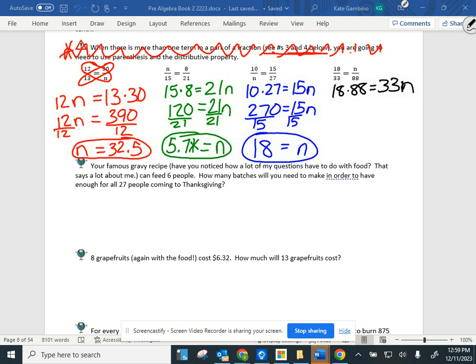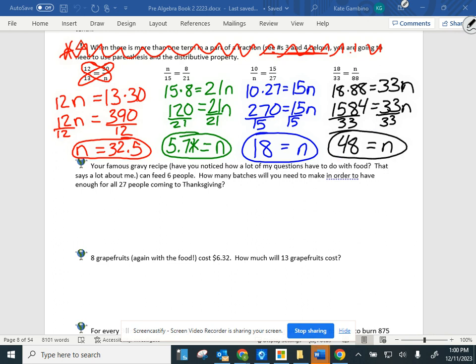Christian: 18 times 88, which is 1,584, and that equals my 33n. What do I do next? I divide by 33. Divide both sides by 33, so I get n by itself. What is 1,584 divided by 33? Ramy: 48.